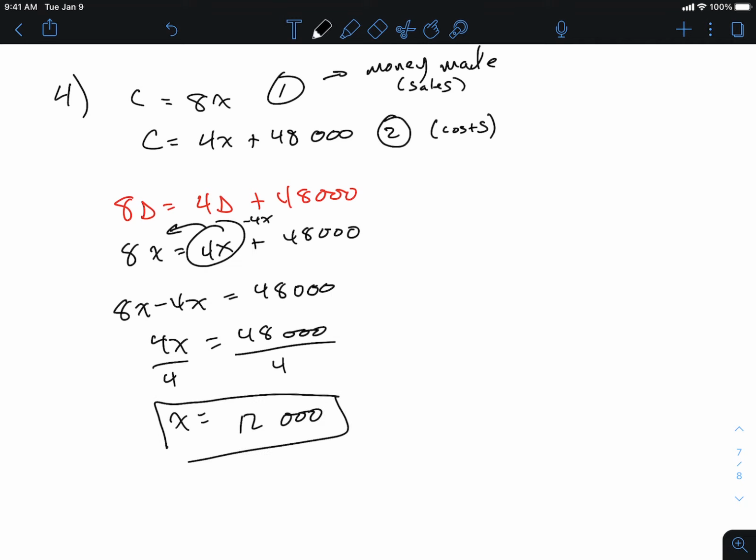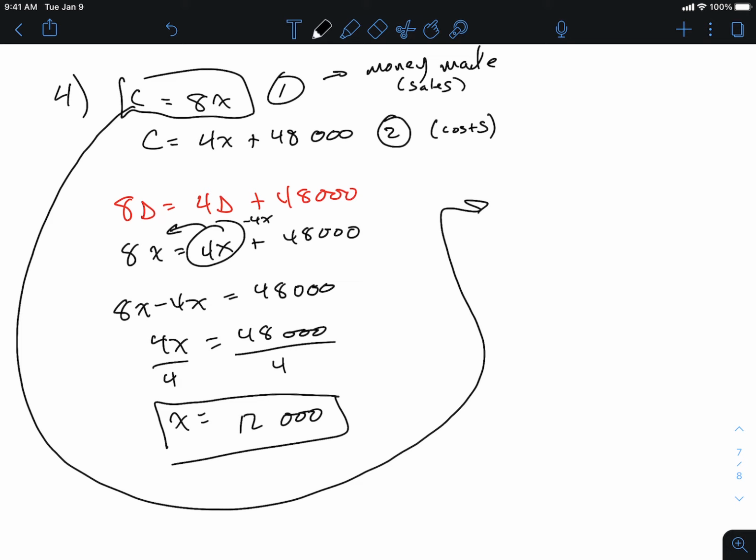Well, there's x equals 12,000, but you also have an equation up here that tells you how to find C. C was equal to 8x, and you know what x is now. So the amount of money that you're going to make after you sell this many discs is going to be 8 times 12,000.